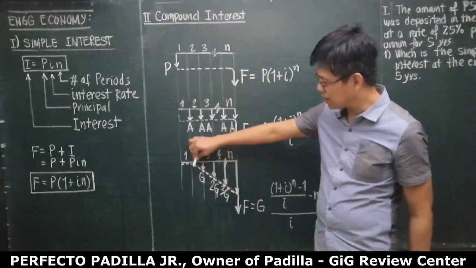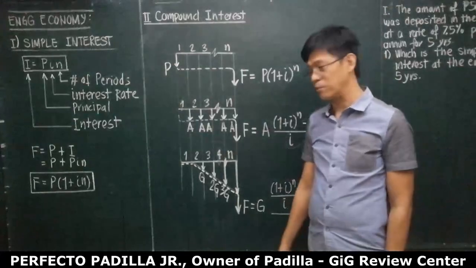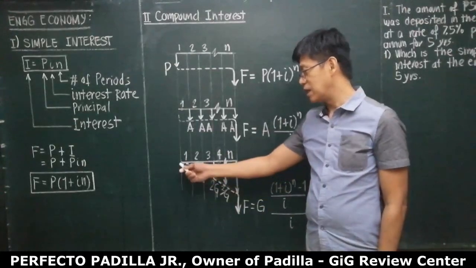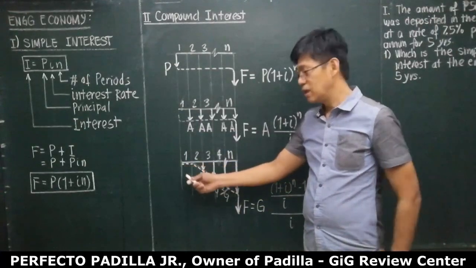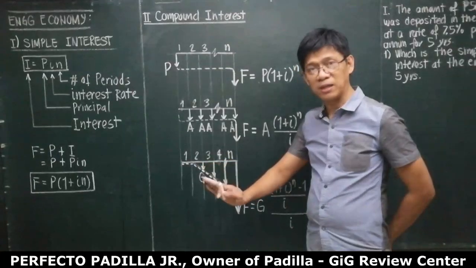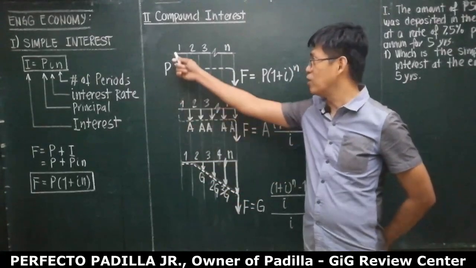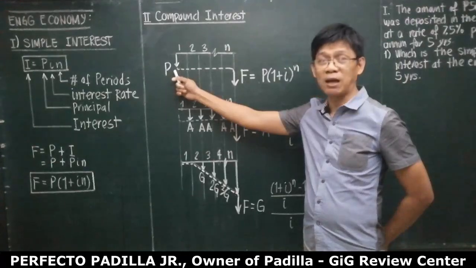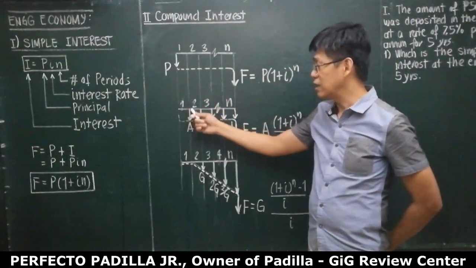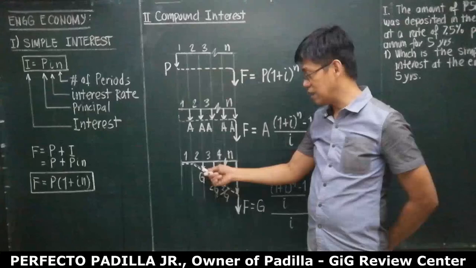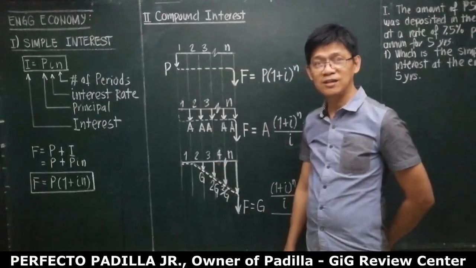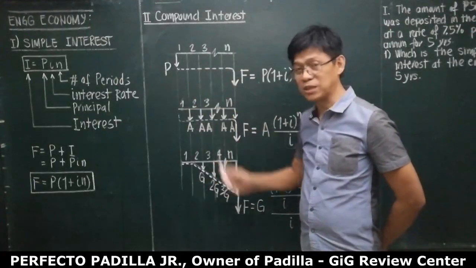Kung meron ka naman triangular payment or uniform gradient, take note of this. The time 0 is here. At the end of first period, no payment. Dito ang payment is time 0. Dito, end of first year. Ito, end of second period. Okay? So, nag-step sila, no?